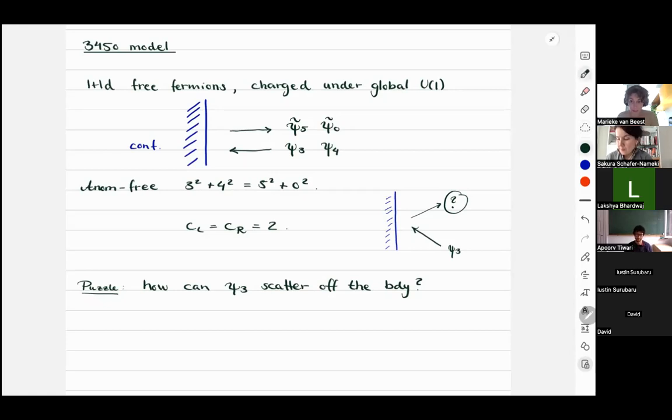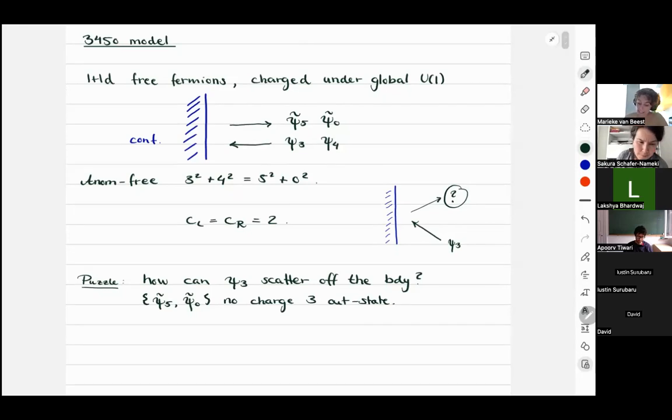But if I write down the Fock space of the outgoing fermions, which is just linear combinations of psi5 and psi0, of course, there is no charge 3 state in this Fock space. So it appears that we have a problem.